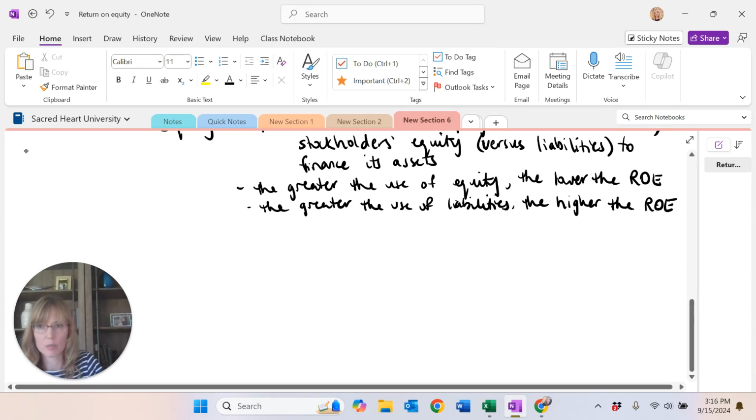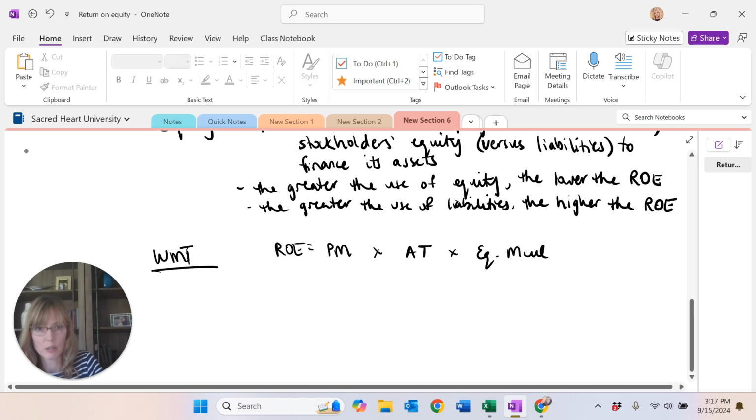Let's look at these amounts. Let's start with Walmart. We're going to take the DuPont ROE equal to profit margin times asset turnover times the equity multiplier.